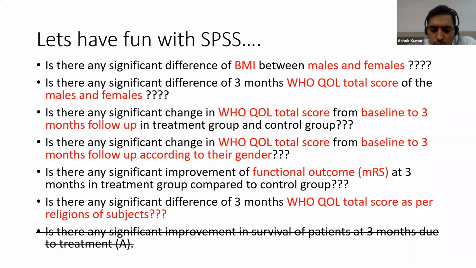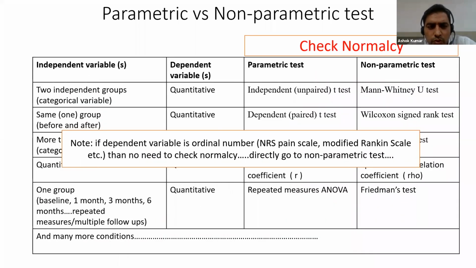And there are two independent groups. So what test do I have to use? I have to follow this. There are two independent groups, categorical male and female, and BMI is my dependent variable, quantitative in nature. So I have to check normality.